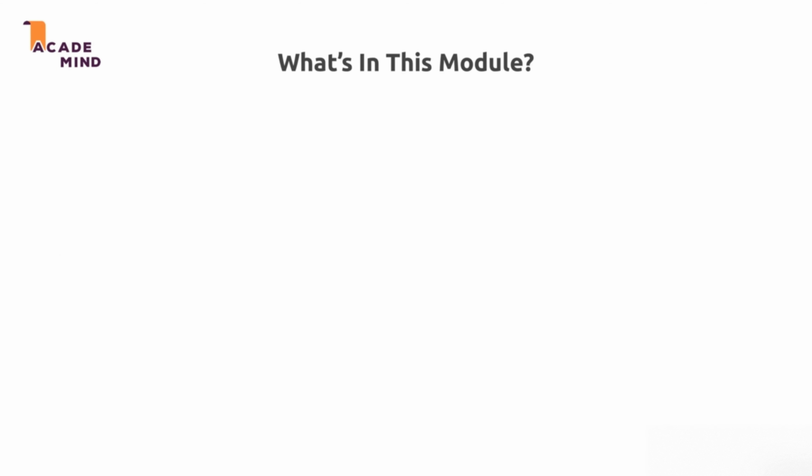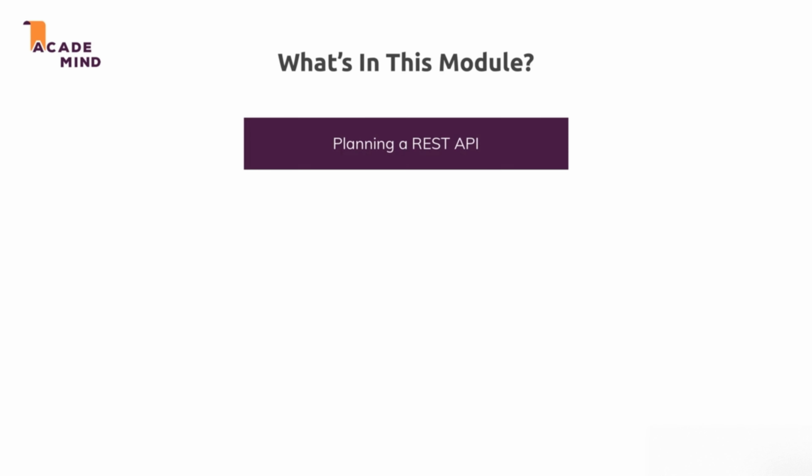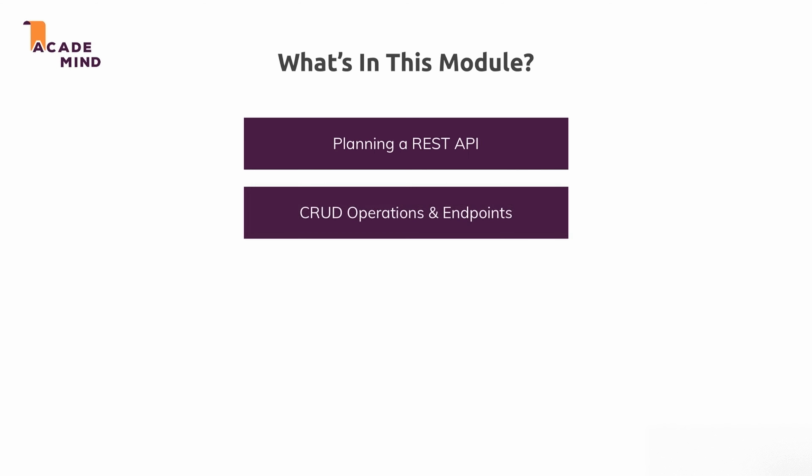So what's in this module in detail? We'll plan our REST API, or I'll show you the project for which we'll need one, and we'll then build it together, of course. So in detail, we will implement all the CRUD operations our project needs. So creating, reading, updating, and deleting items in the database and so on. That is what we'll do here.